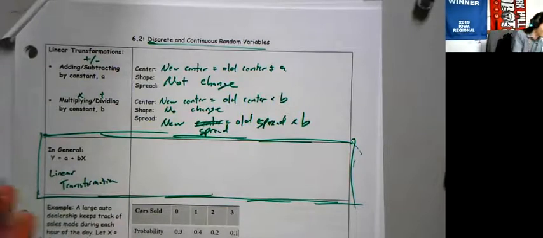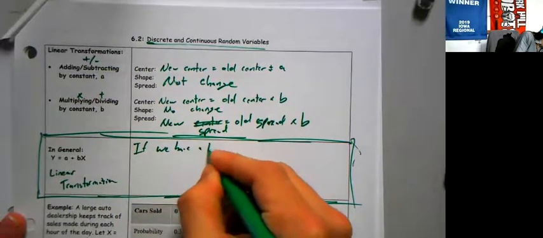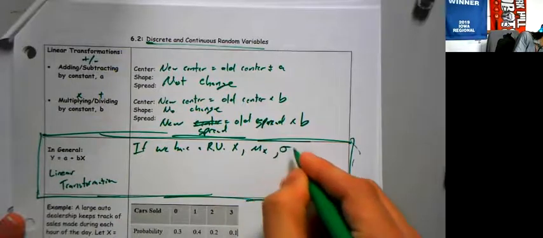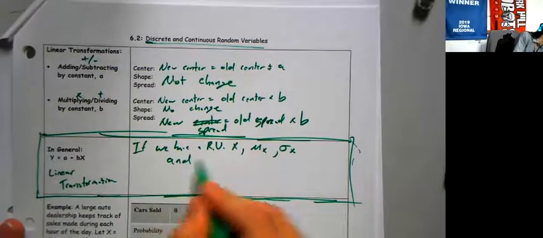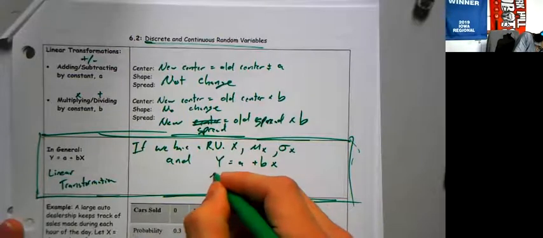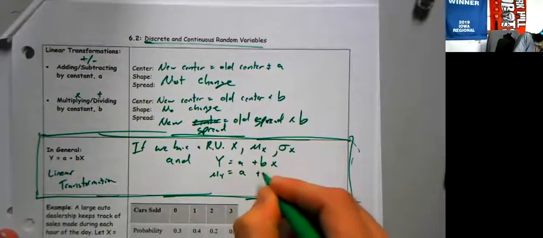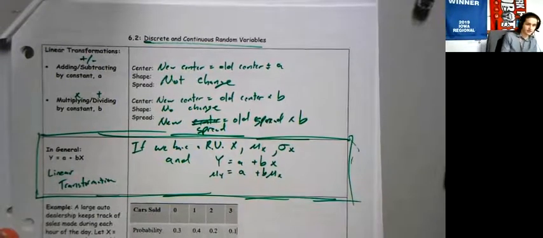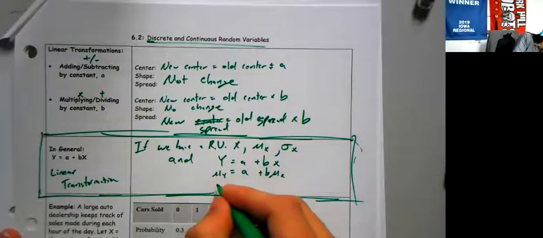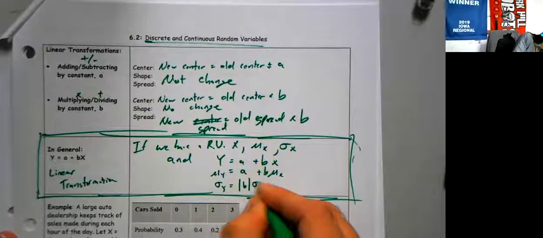How do we put that together in one formula? If we have a random variable X, and X has mean mu of X and standard deviation sigma X, and if Y is a plus bX, then the mean of Y, the new variable, is going to be a plus b times the mean of X. That is, the center is affected by the adding and the multiplying, but the spread of this new variable is only affected by the multiplying.